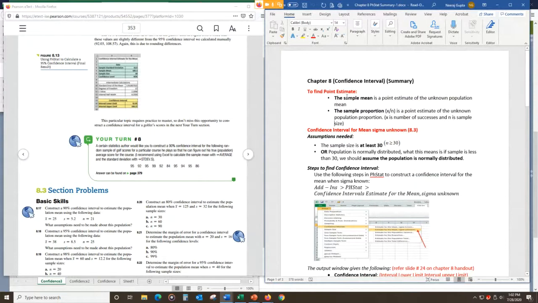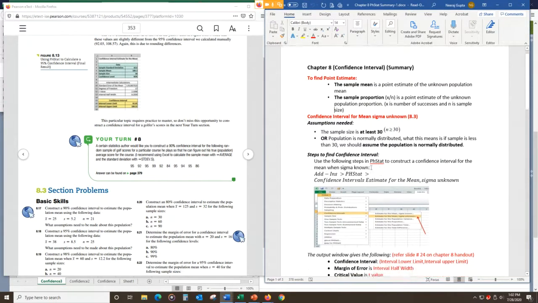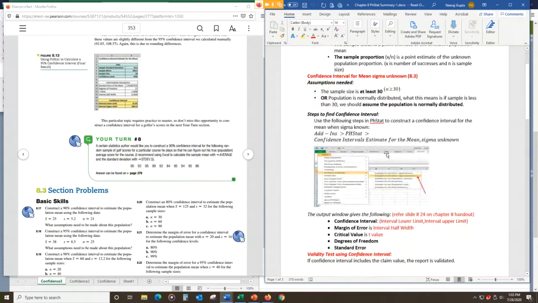It tells you what the point estimate is: the sample mean is the point estimate, and the sample proportion, X over N, is the point estimate. It also tells you what assumptions you need: the sample size should be at least 30, or if not, then the population should be normally distributed. And if it is the mean, you use the estimate for mean, sigma unknown, this one.